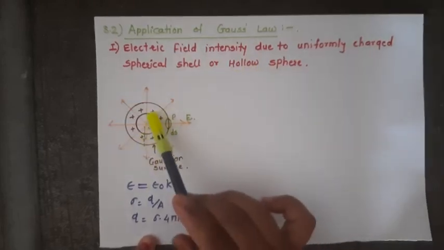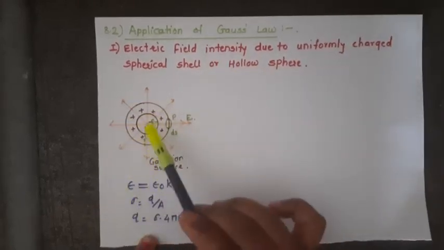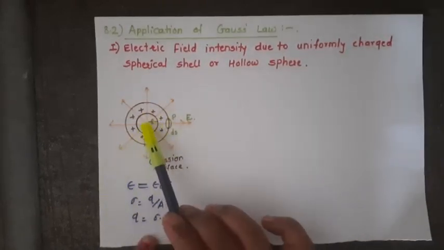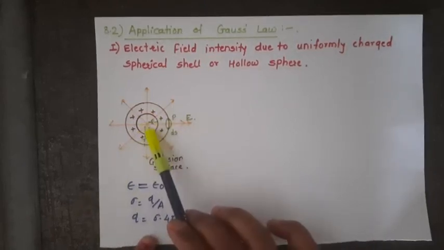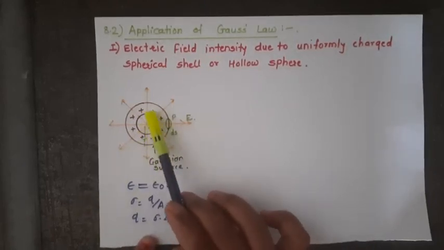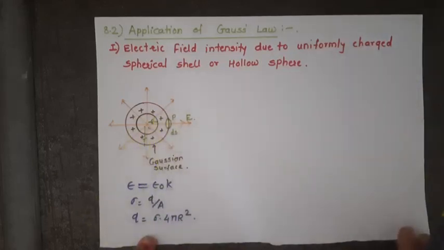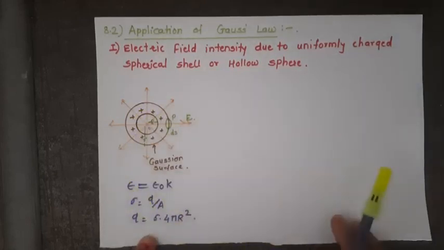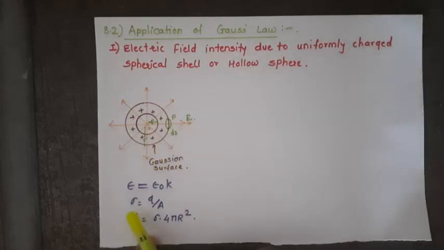Here we consider a spherical shell of radius capital R with center O, charged to a uniform charge density. The symbol for uniform charge density is sigma, which is charge per unit area.